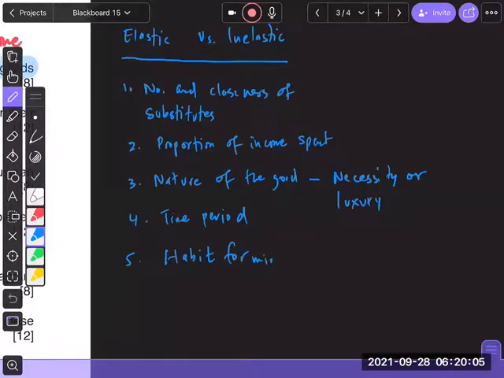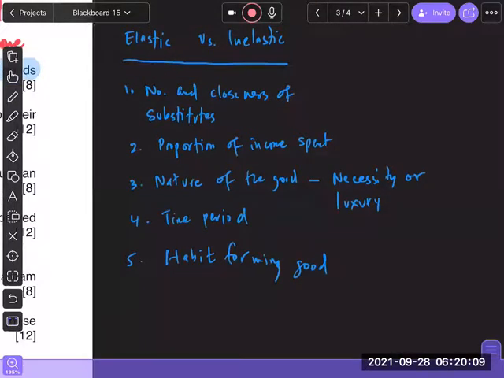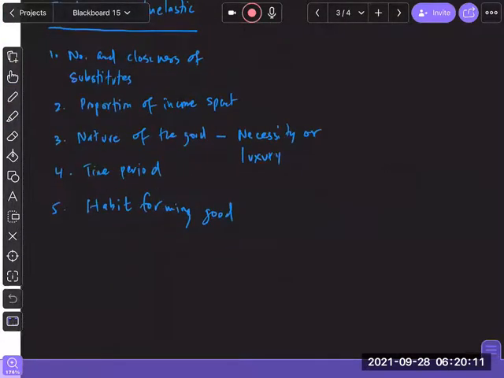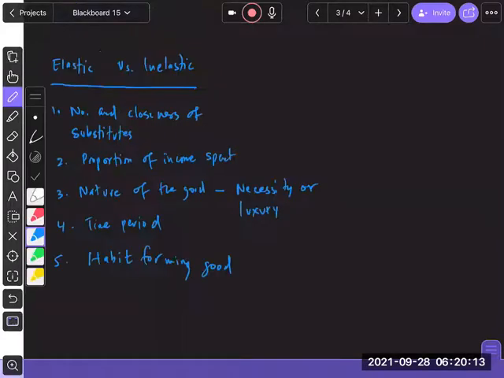Now, after putting down the factors, let's look at the way we can go about it. So, guys, businesses can change the elasticity of demand, make it more inelastic, by, first of all, changing the attributes of the product.